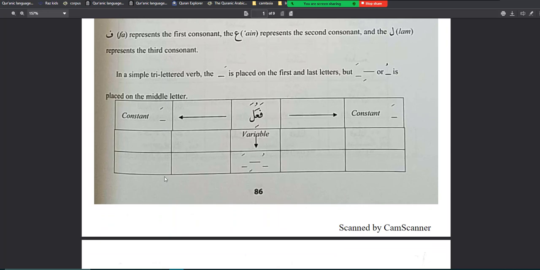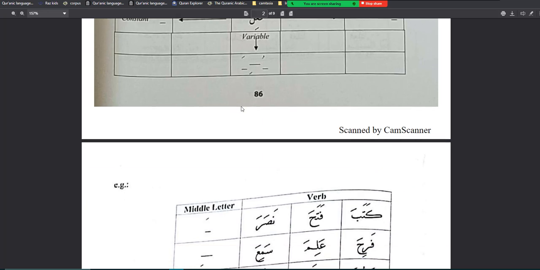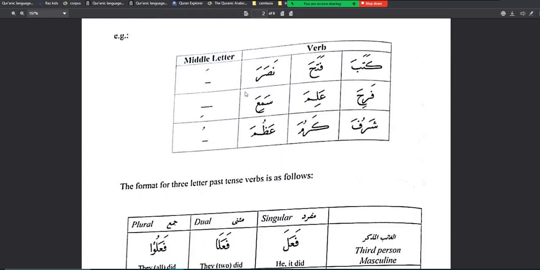And in a simple tri-lettered verb, the fatha is placed on the first and the last letters, like fa'ala, nasara, and all those things. But the kasra, dhamma, or fatha is placed on the middle letter. It could be fa'ula, it could be fa'ila, or it could be fa'ala.